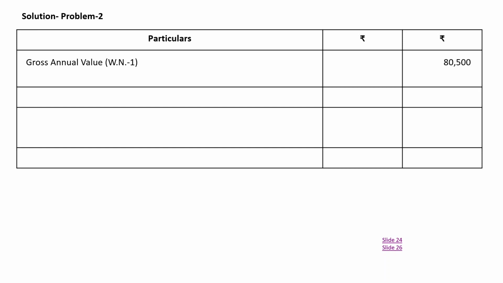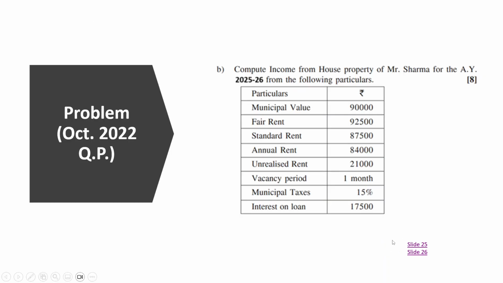Once we get the gross annual value, from that we have to deduct the municipal taxes paid. The municipal taxes paid given in the problem is 15%. The direct amount is not given, the percentage is given. So 15% of what? 15% of the municipal value. Municipal taxes are always paid on the municipal value. So you have to calculate 15% of the municipal value, that is 90,000, and that is the municipal taxes.